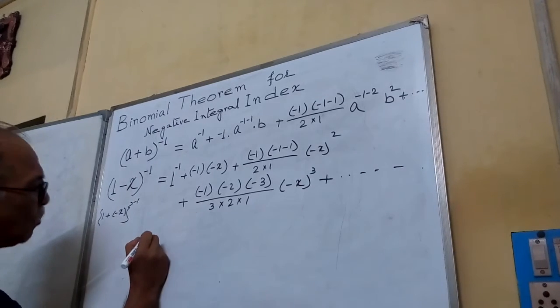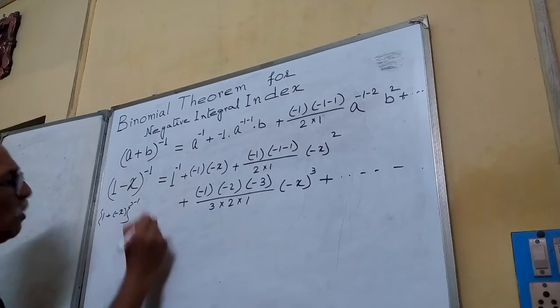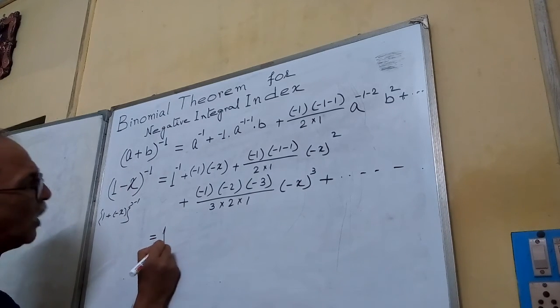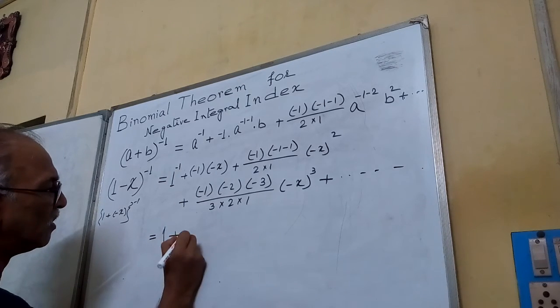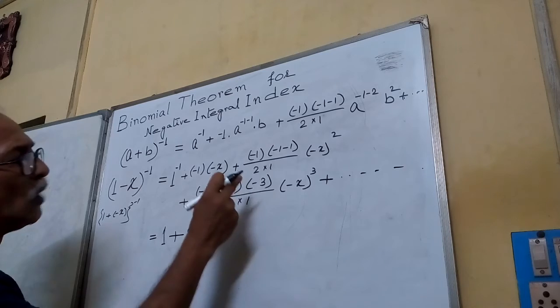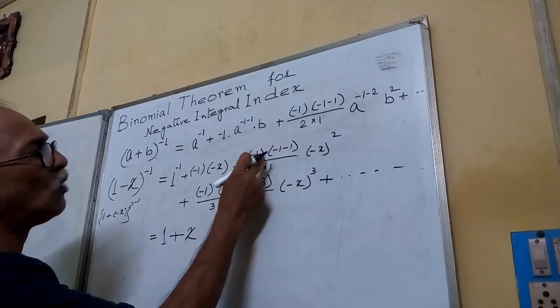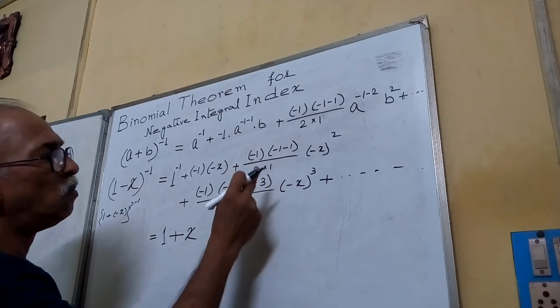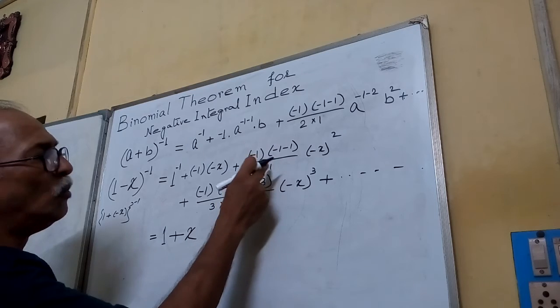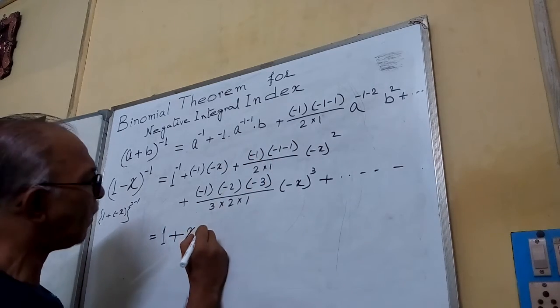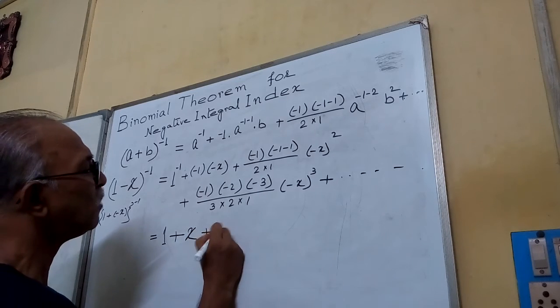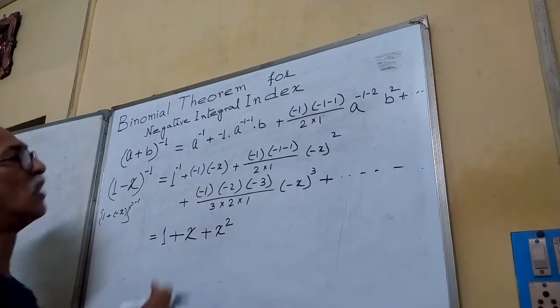So you can see what is coming here: 1 to the power anything is 1. This minus and minus make it plus x. Then, minus 1 into minus 2 is 2, 2 by 2 is 1, and minus x whole square is plus x square. So it becomes plus x square.